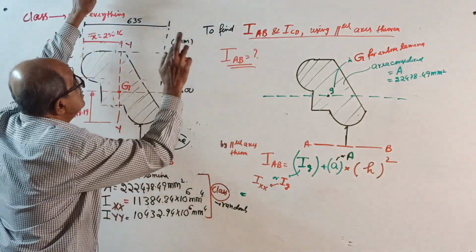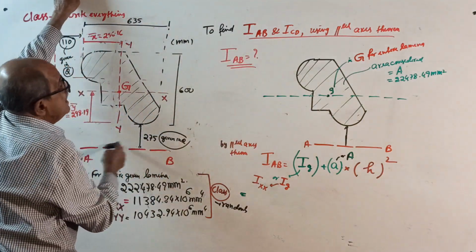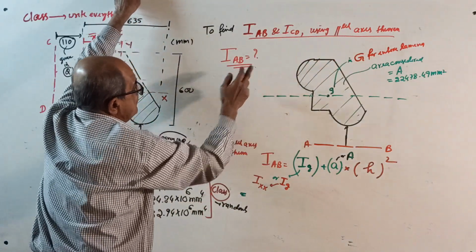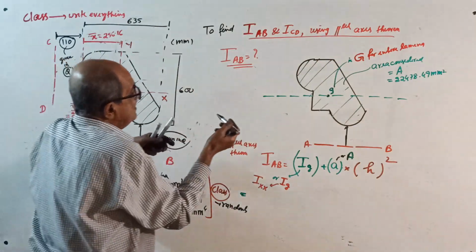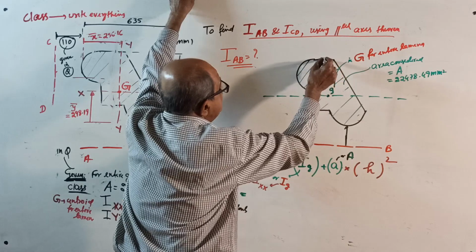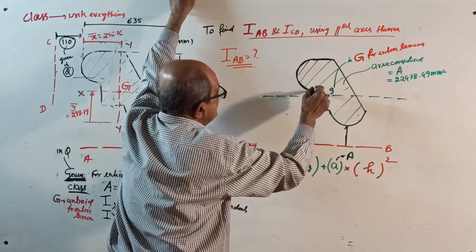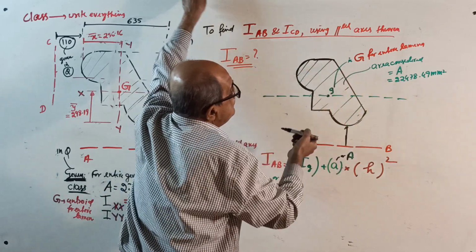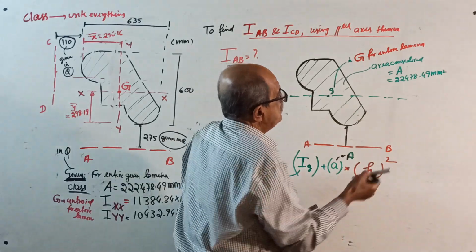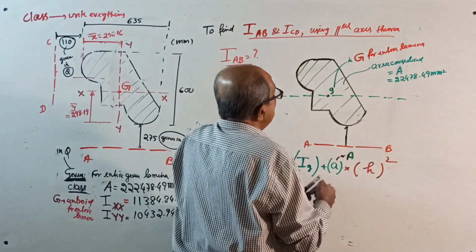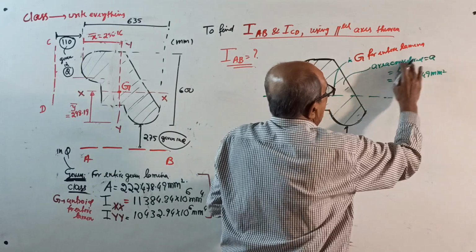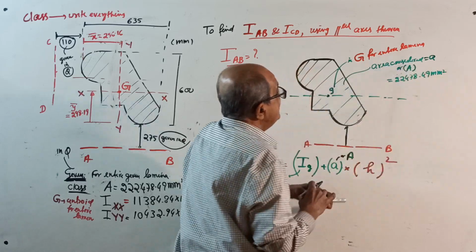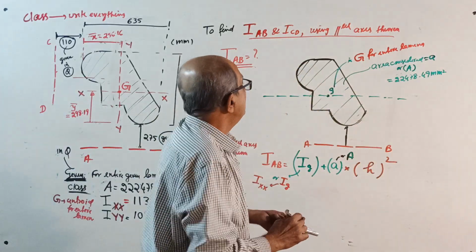What to do? To find IAB and ICD using parallel axis theorem. First IAB, see here. Consider the entire lamina as one unit. Only one unit. This is your area considered equal to A, or you can call it capital A. Why? There is no component, no dividing.